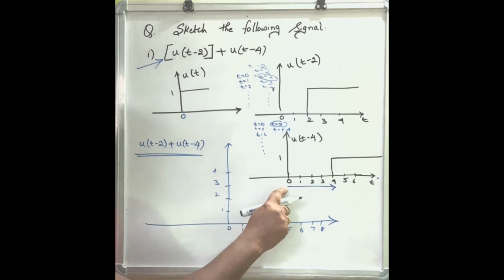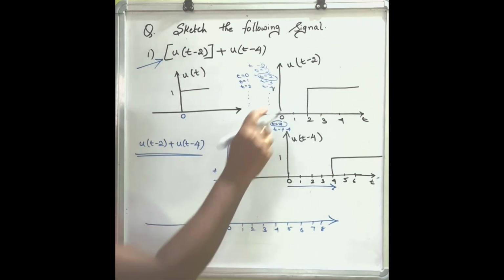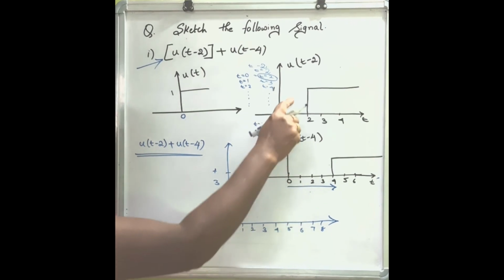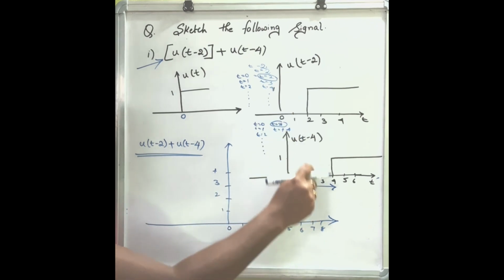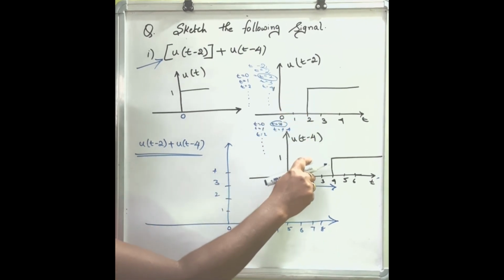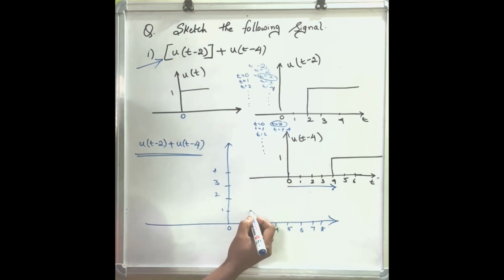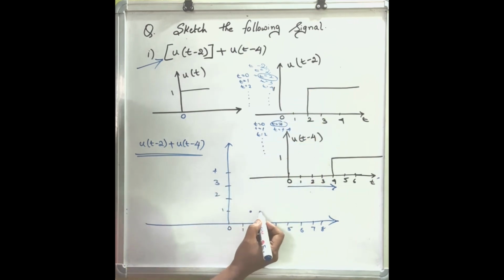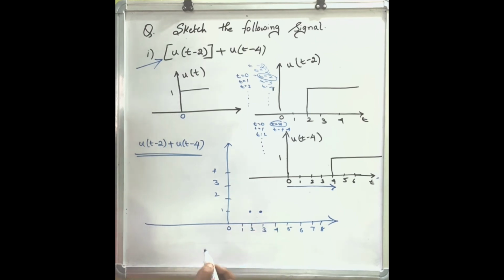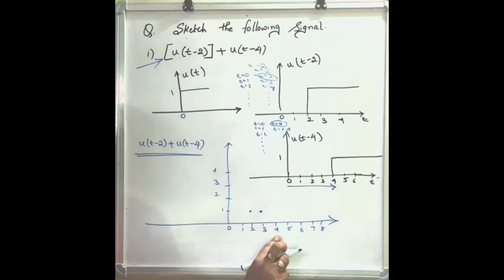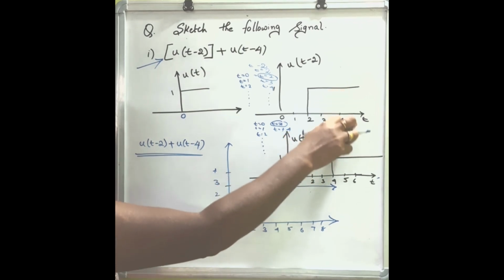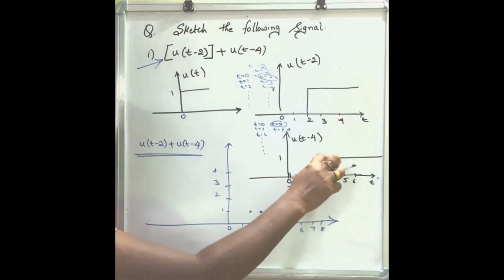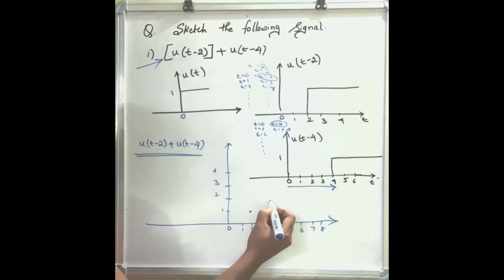Now at 0, what is the amplitude? Here 0, here 0, so it will be 0. At 1, no amplitude. But at 2, you have 1 here and 0 there, so 1 plus 0 is 1. Then at 3, again 1 and 0, so again you have 1. At t is equal to 4, the amplitude is 1 here and again 1 there, so 1 plus 1 will fetch you 2.